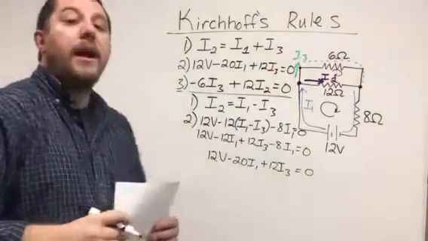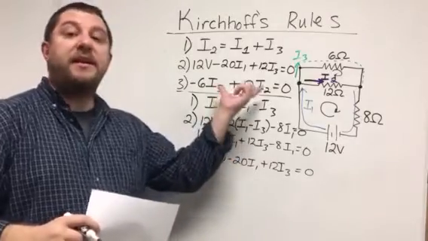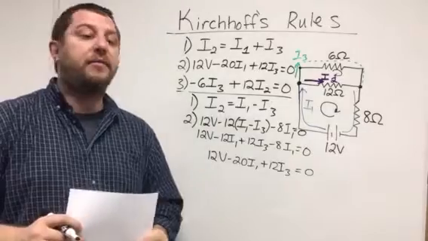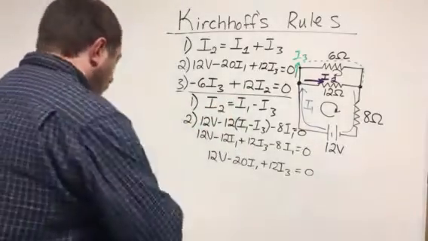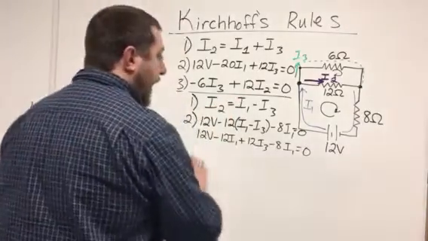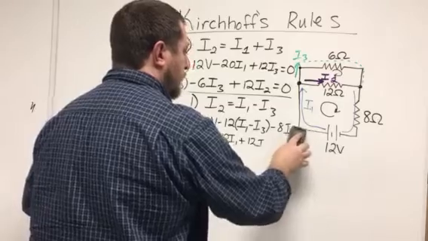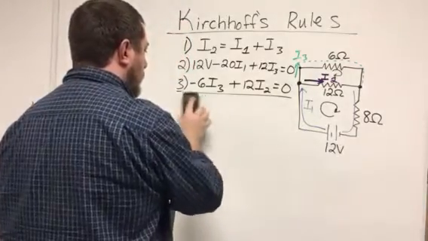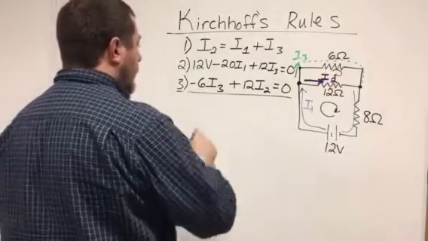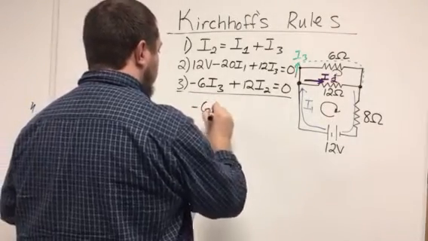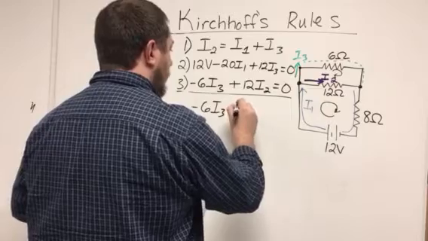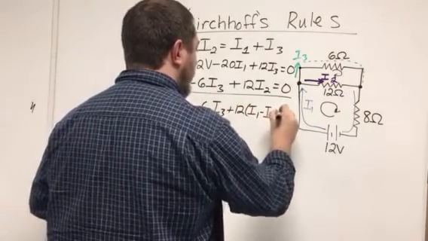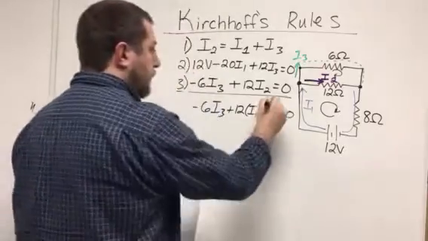Okay? And now I'm going to do the same process in equation number 3. I'm going to insert I1 minus I3 in for I2 here. And doing that is going to give me negative 6I3 plus 12 times I1 minus I3 equals 0.